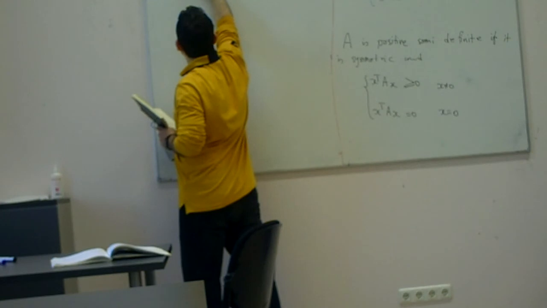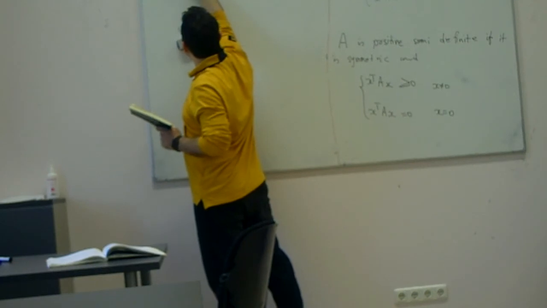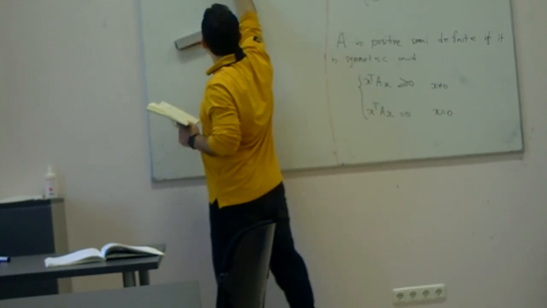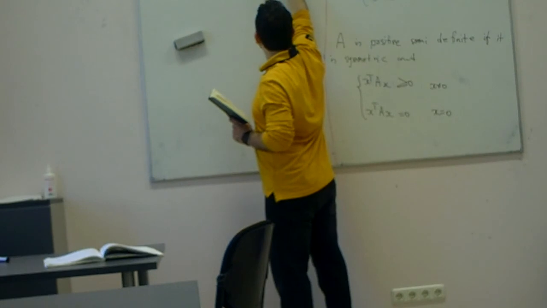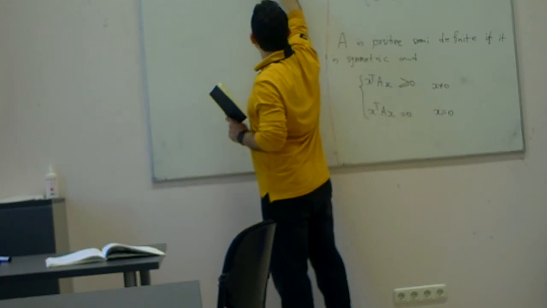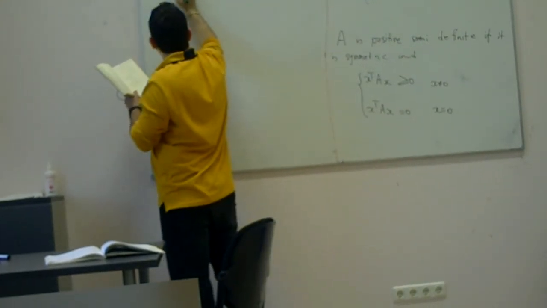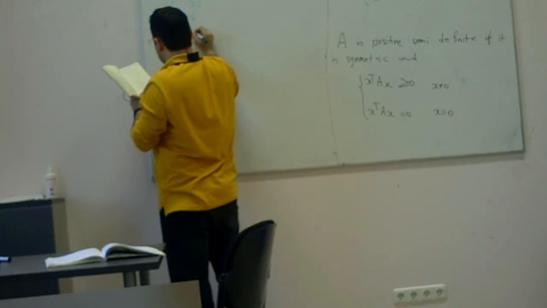Investigate the positive definiteness or semi-definiteness of these two matrices: [9, 6; 6, 5] and [9, 6; 6, 4].